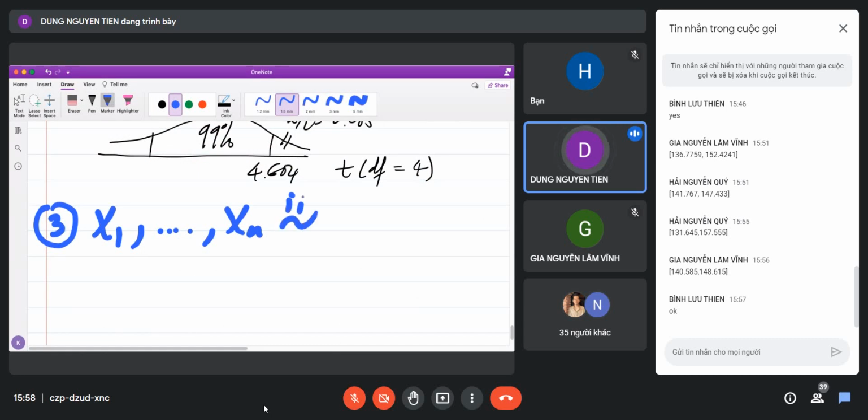They are independent and they follow the same distribution, but that distribution may not be normal. So the mean is still m, the variance is sigma squared, but you don't know if it follows the normal distribution or not.